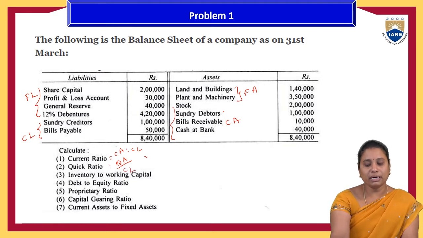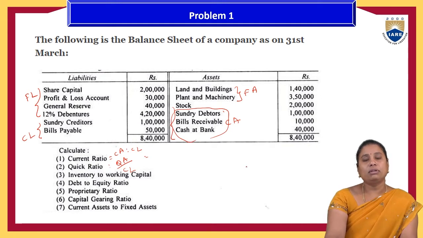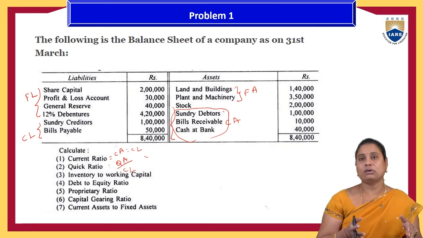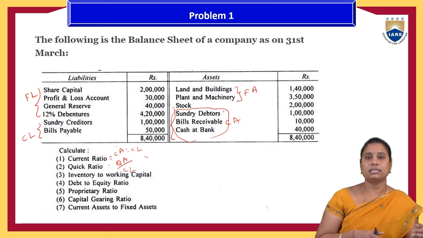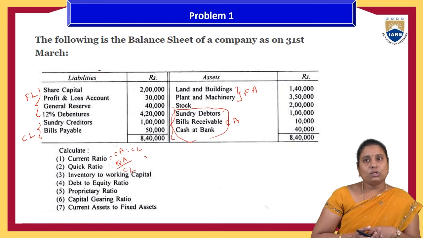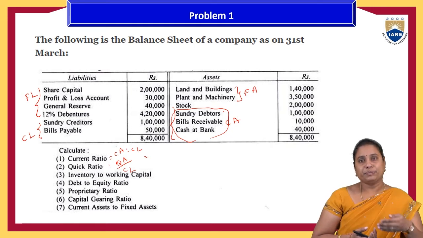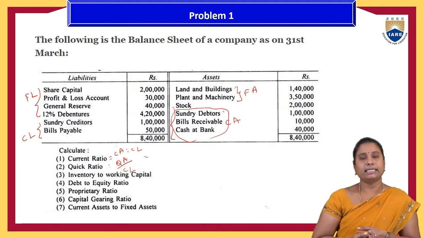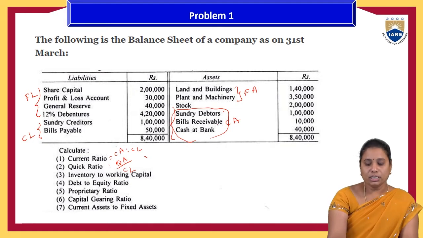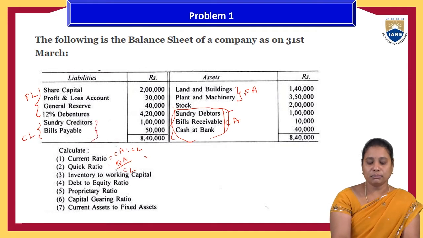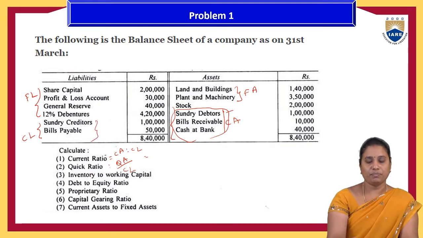Except the stock, the remaining will be called quick assets, because the stock will be carried to the next year and won't be sold within this particular year. Very quick assets will be bills receivables and cash at bank and cash in hand, which we use for the acid test. The accumulation of these three, the quick assets, divided by the two current liabilities is called the quick ratio.